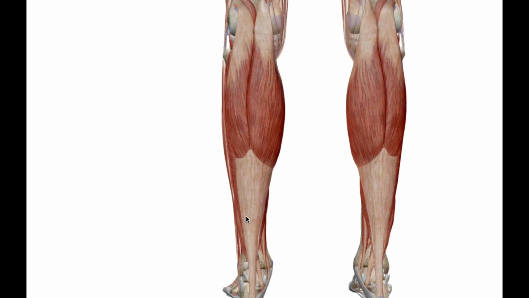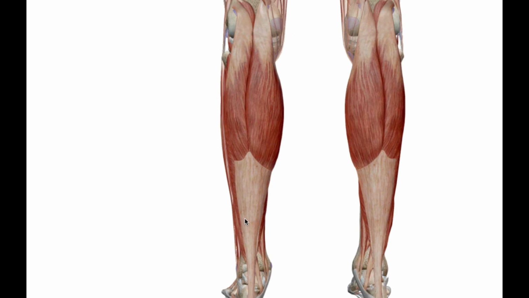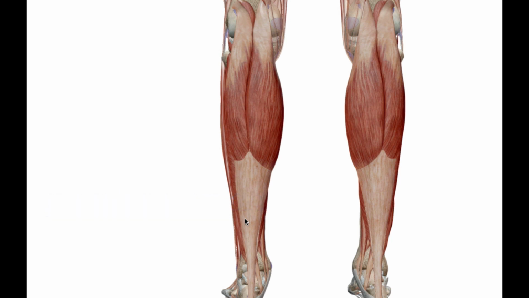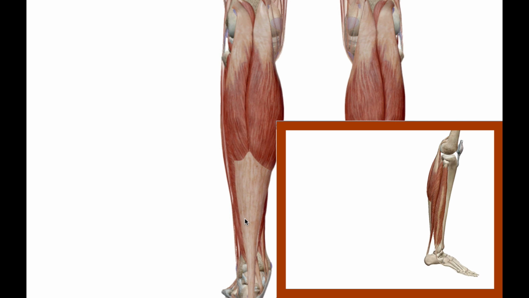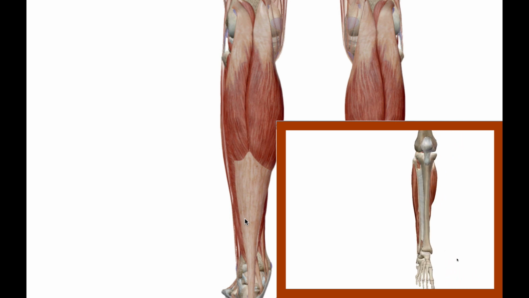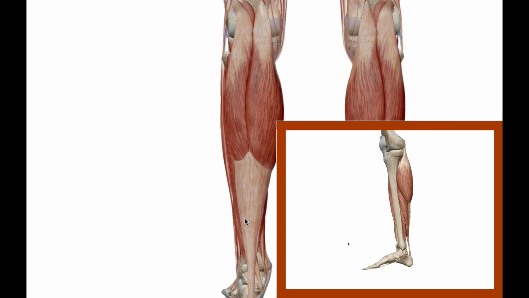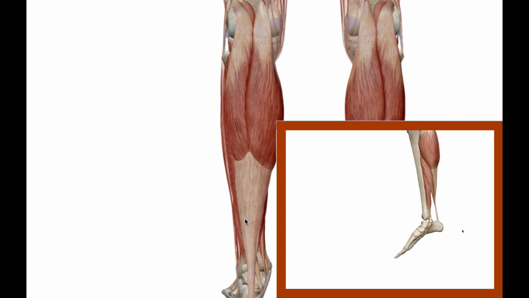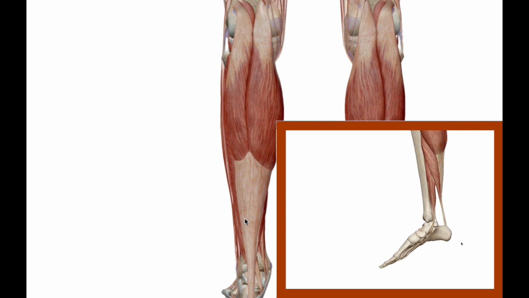the calcaneus. Keep in mind that these muscles aid in plantar flexion. If you extend your foot out and point your toes, and you pay close attention to the mechanics, you'll notice that the gastrocnemius, the calf muscle, tightens and shortens.